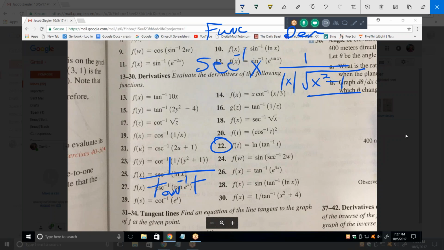And then you're going to multiply it by 1 over 1 plus t squared. See, you're halfway to memorizing all 6 of these. Exactly, and that's the answer.